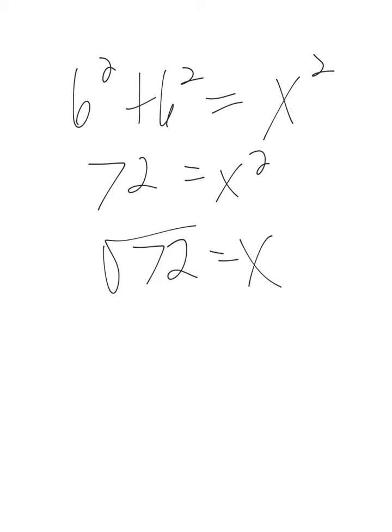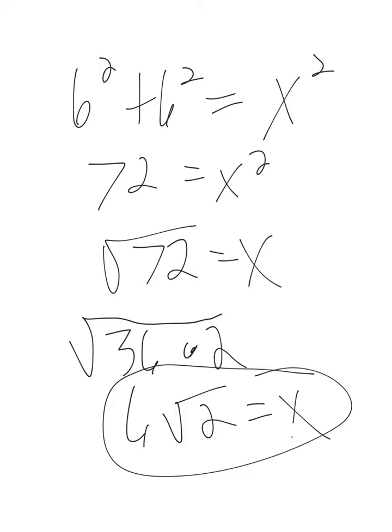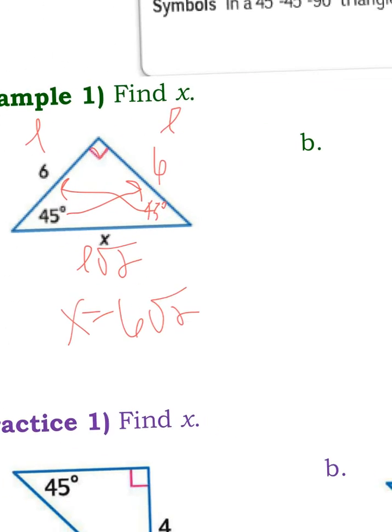Okay, so this 72, we got to simplify that radical. This 72 is 36 times 2. Well, the square root of 36 is 6. The square root of 2 stays behind. So I get x equals 6 radical 2, which is what I wrote over there without really having to do any calculations. That's because I know my special right triangles.